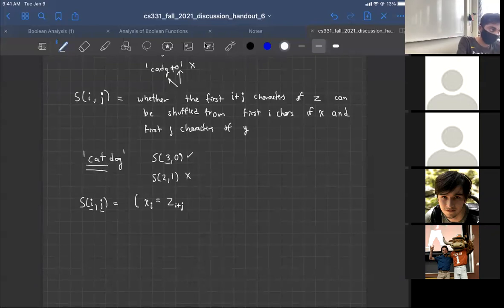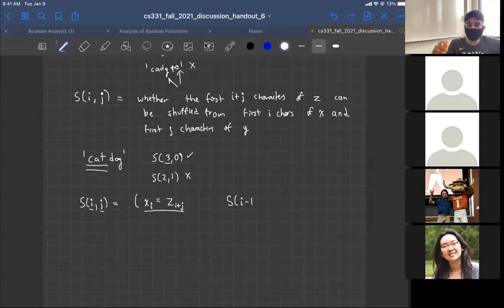What must also be true? That they can be shuffled from how many characters of X? I minus 1, because we use the ith character of X to add this next element onto Z. So the previous I minus 1 elements of X must be used to shuffle the previous I plus J minus 1 characters of Z. And we haven't used Y in this new kind of addition to Z here. So this J remains the same. Okay.